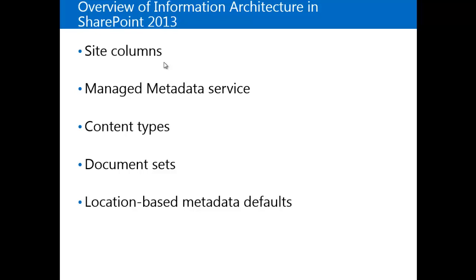Number four, document sets. They present a specialized folder interface to users, providing users with a familiar structure for organizing information. The last one, location-based metadata defaults. You can enable a specific folder within a document library to apply default values to specific metadata fields.